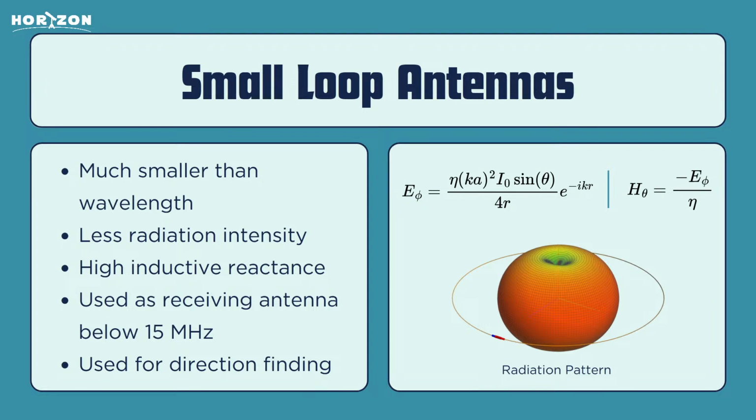So in direction finding, you can rotate the loop antenna such that the direction of these two points points towards the source, since in that direction you'll be receiving minimum current in your loop.